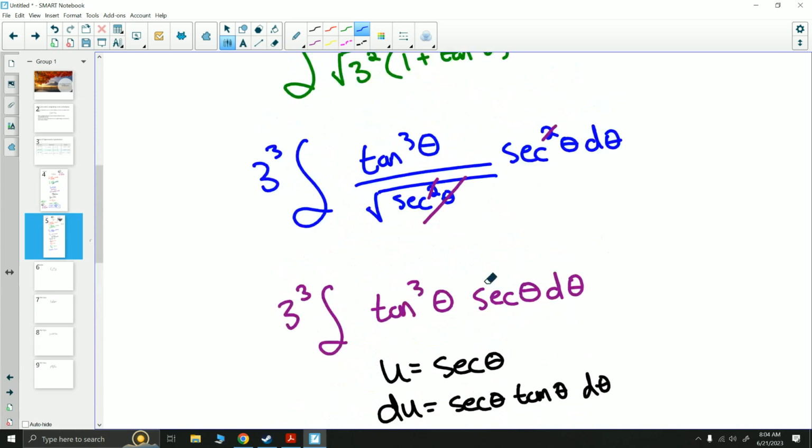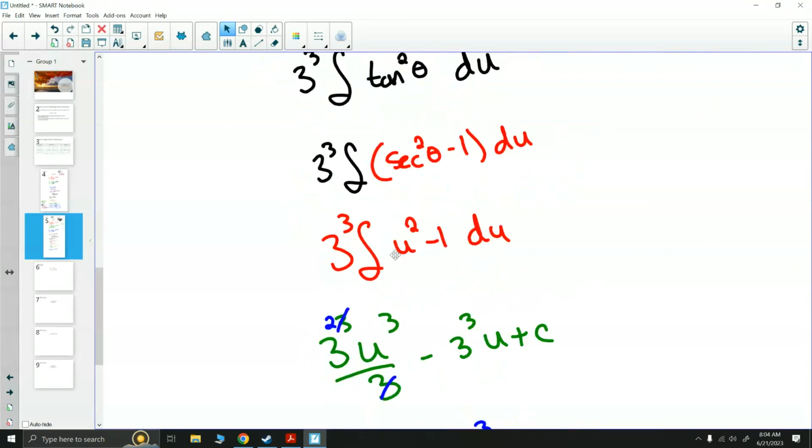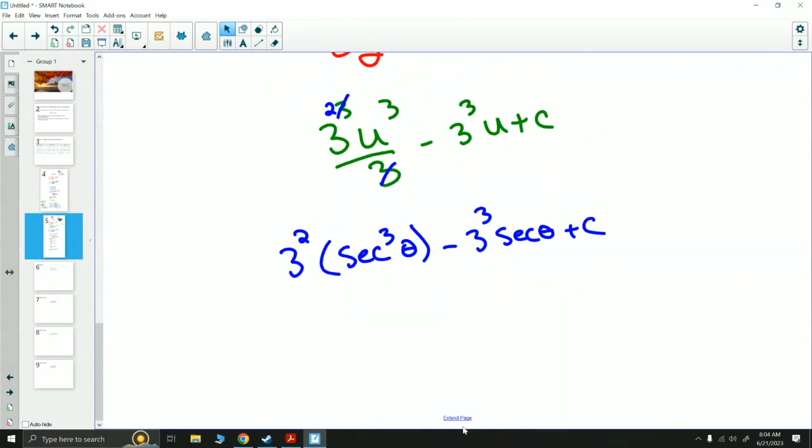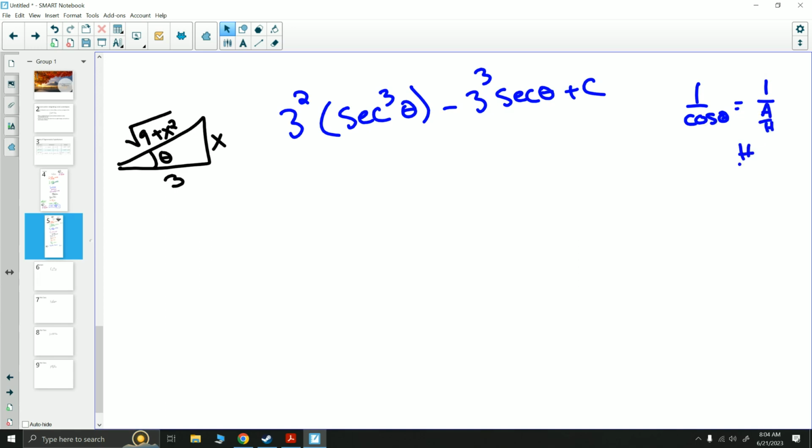Now we're going to use our triangle that we created, and potentially our substitution, but for now I think we'll be fine, since we don't have x's on their own or thetas on their own. Secant, as a reminder, is 1 over cosine theta. Cosine is adjacent over hypotenuse, so secant is hypotenuse over adjacent.